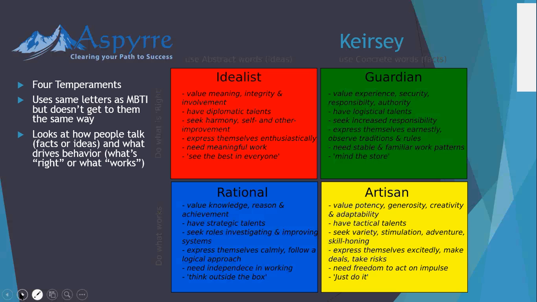How you talk: do you talk abstractly using ideas, or do you talk concretely using facts? And that sort of corresponds to the Myers-Briggs N and S. So the people who are S on the Myers-Briggs and like to perceive information as facts usually like to talk about information as facts too.